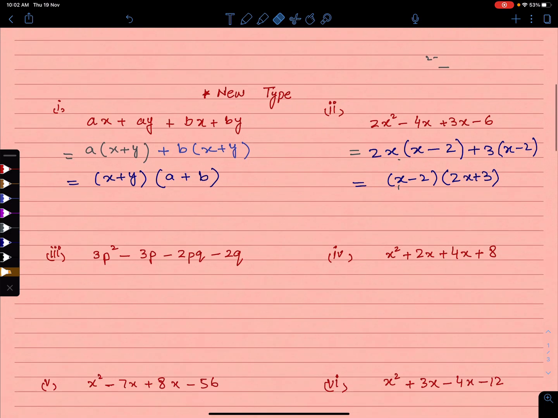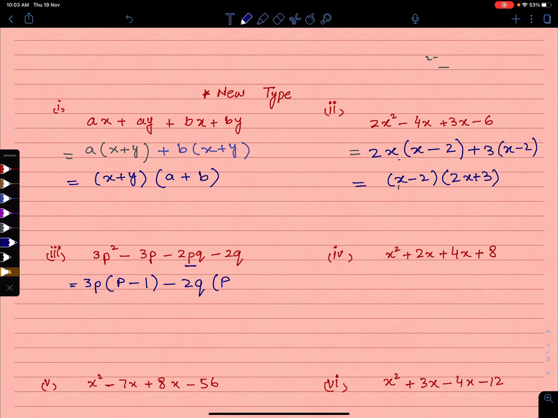Okay. Then 3p here minus the third part, 3p here minus 3p. It is also a very easy question. So if you look at this, we have 3 common and also we have p common. So in first term, we just left only p minus 1, minus 2pq minus 2q, 2 is common, and also we have q common. So it would become like this. Here we have just only p.